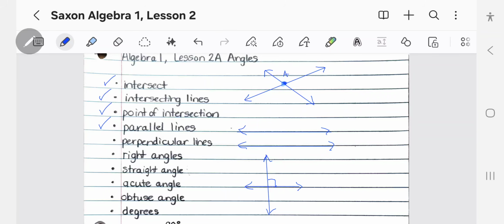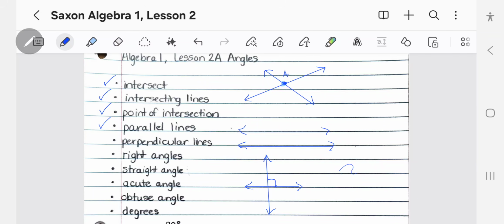Now, when I draw that little part of a square there, I'm doing that to indicate that this angle, the measurement of that opening between those two lines where they intersect, is a 90-degree angle. And so to indicate that, we'll just draw this little box in it, okay?